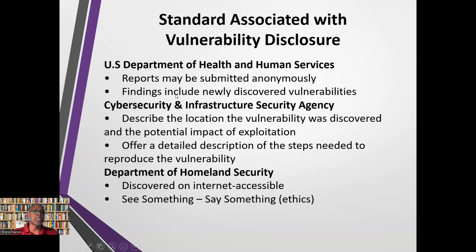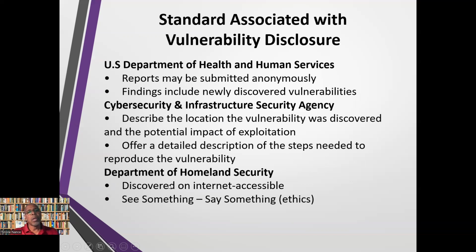It also encourages that any new vulnerabilities that you discover, you should report those. The Cybersecurity and Infrastructure Security Agency says when you report, you should describe the location of the vulnerability and the potential impact of the exploitation. And you should also offer a detailed description of the steps needed to reproduce the vulnerability.